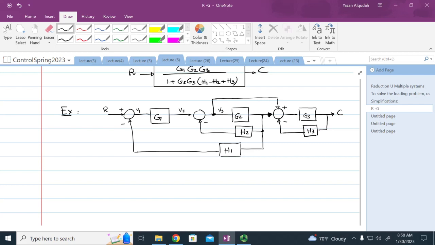Can anybody tell me what the problem is with reducing this circuit? Is it all of it or just part of it?